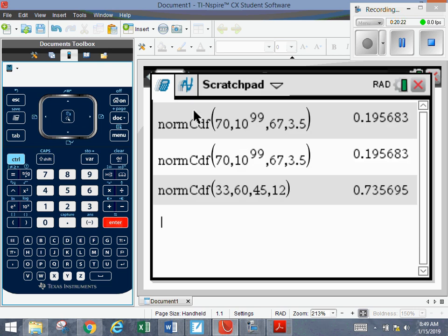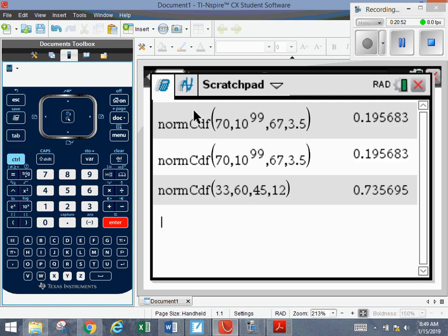All I have to do to show my work for this particular problem is write normal CDF, 33, 60, 45, 12, and my answer. Okay? You also have to show the shaded region that I showed. So what I'm giving you is all of the work, everything you need to show for your answer. And this is a sufficient answer for an AP course as well. So it is golden, all right?